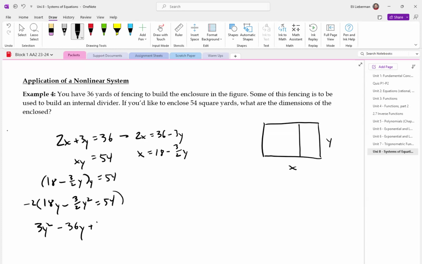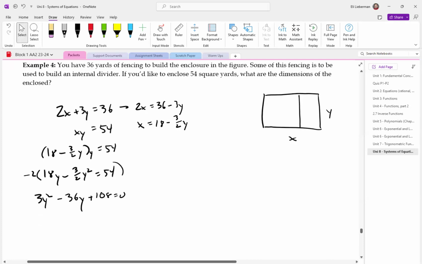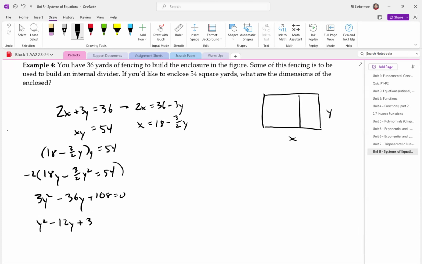And then I factored out 3. So it's 3 and then y squared minus 12y plus 36. What if I just divide by 3? And then I didn't finish out.